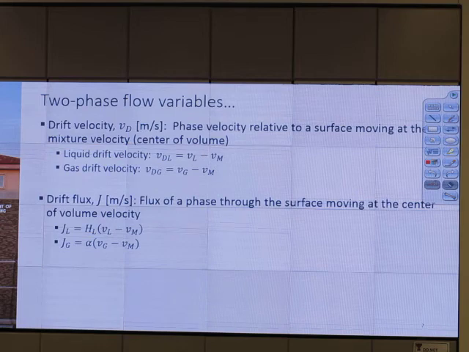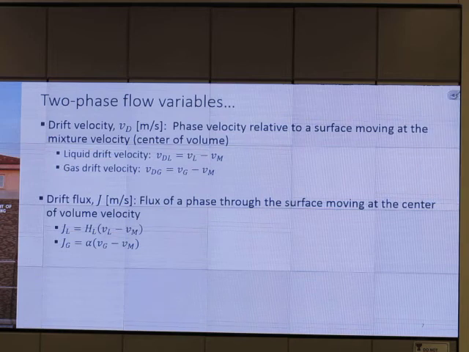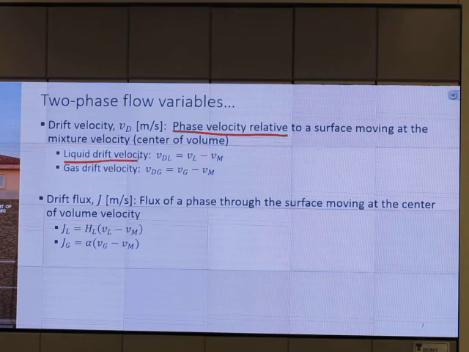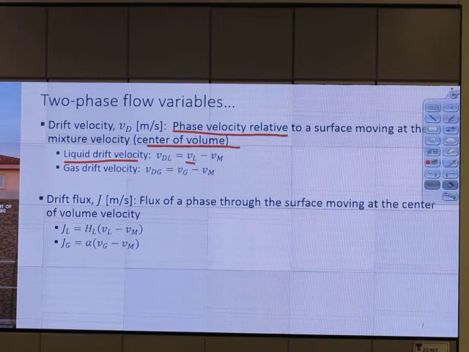Drift velocity, VD. In the textbook, it says phase velocity relative to a surface moving at the mixture velocity, or center of volume. So liquid drift velocity is VL minus VM, where VM is the center of volume velocity. Gas drift velocity is Vg minus Vm.